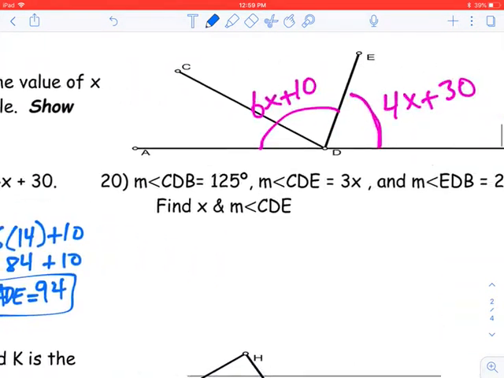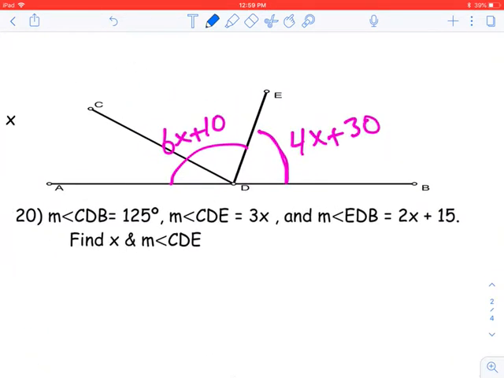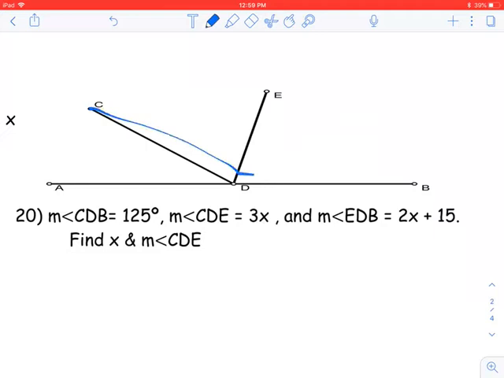So we use that same picture for our second example. You want to use your eraser sometimes. It helps me to erase it and label it again from scratch, but that's kind of up to you. But CDB is that whole angle, so this whole thing here is 125. CDE, right here to here, is 3x.